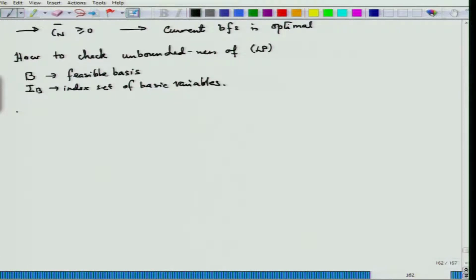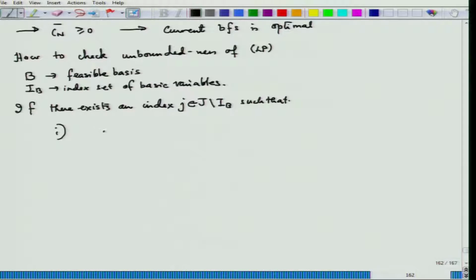Now, we will be really concerned with the non-basic part. If there exists an index j, an element of J minus IB, that is the non-basic part, such that Cj minus Cb B inverse Aj, which is the reduced cost coefficient corresponding to the jth vector in this set, is strictly less than 0, it shows that optimality is not reached.